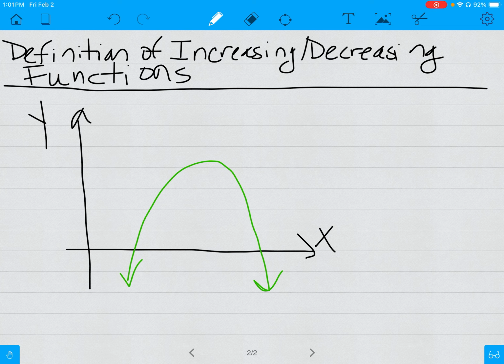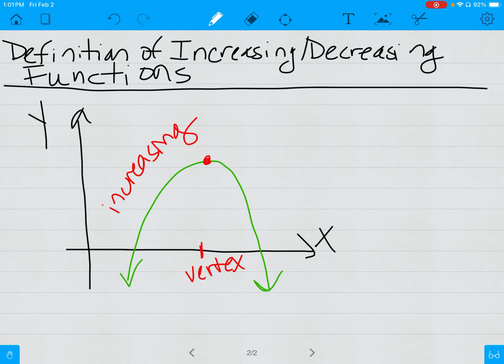So when I start at the left-hand side of my downward pointing parabola, as I move along the graph, the y values are rising, right? Because as I move from left to right on the x-axis, at least up until we hit the vertex, my y values are rising. So this side of the function, the left-hand side, is increasing.